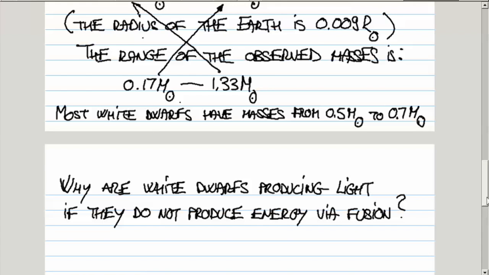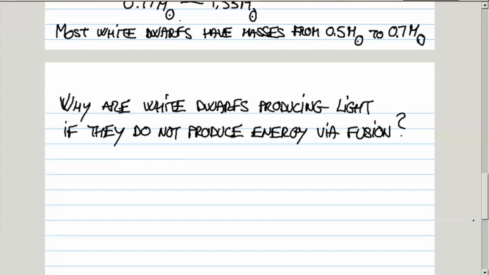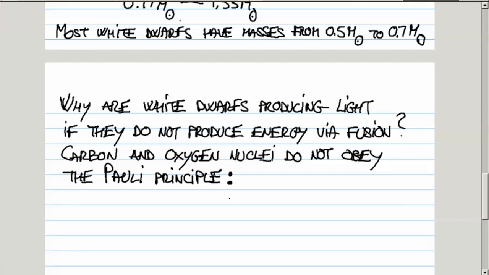Well, the reason that white dwarfs shine is that actually the nuclei, the carbon nuclei and oxygen nuclei, do not obey the Pauli principle. We can put as many carbon nuclei into the same energy level as we want. There is no restriction on the number of nuclei that we can put in a particular energy level.